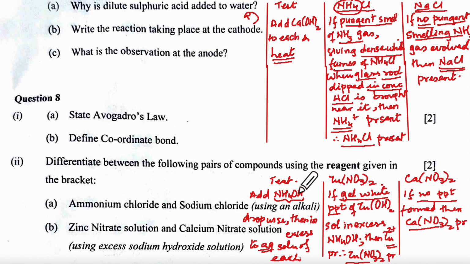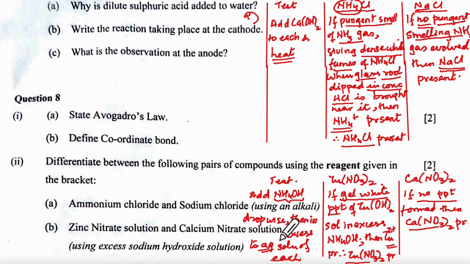Do you say you want to take NaOH? If you take NaOH, there will be gelatinous white precipitate here and milky white precipitate here. But still between white and white, you will not be able to distinguish as clearly. So best option is NH4OH. You add it dropwise first and then in excess to see the solubility in excess of the reagent.